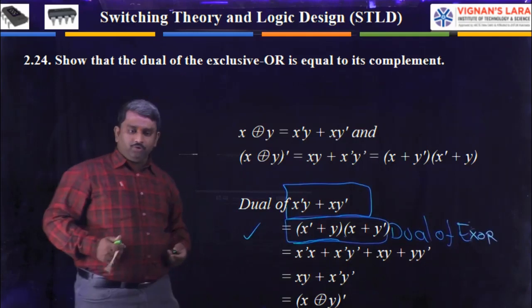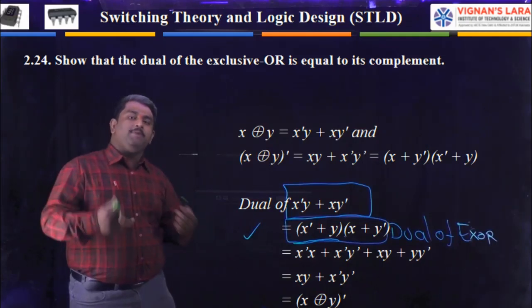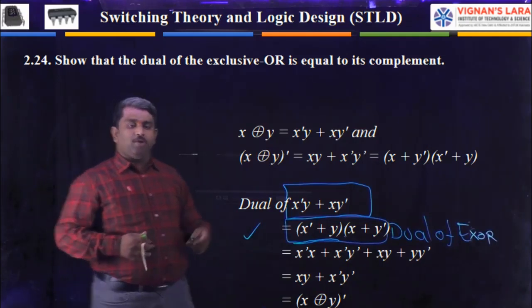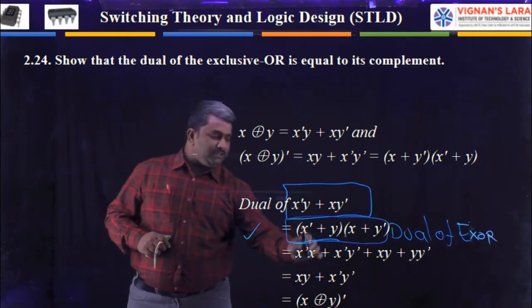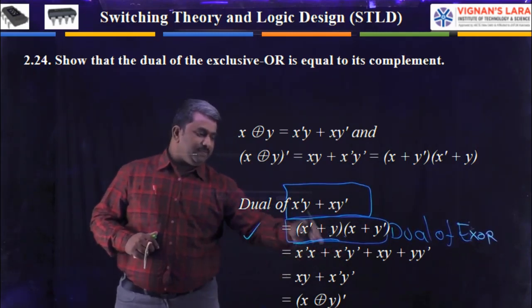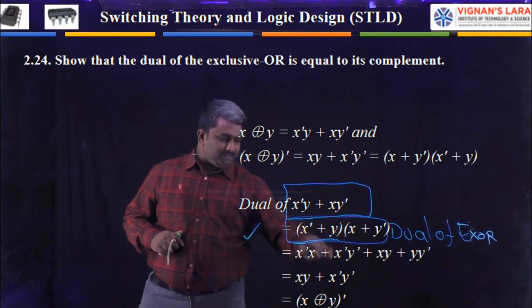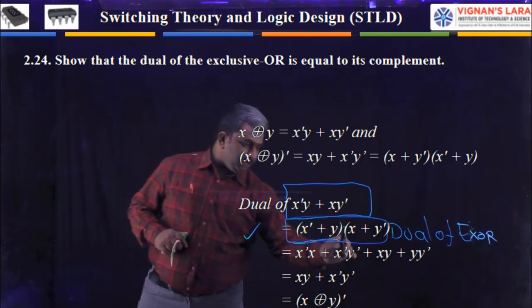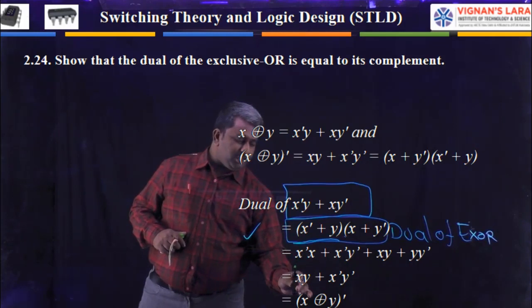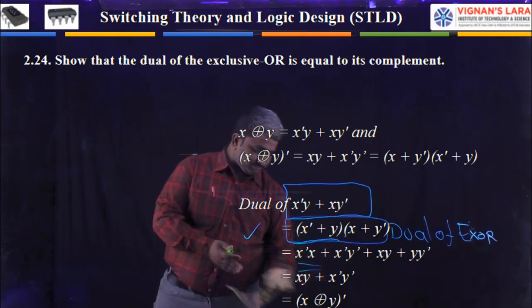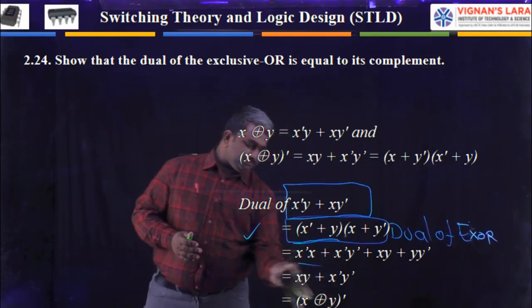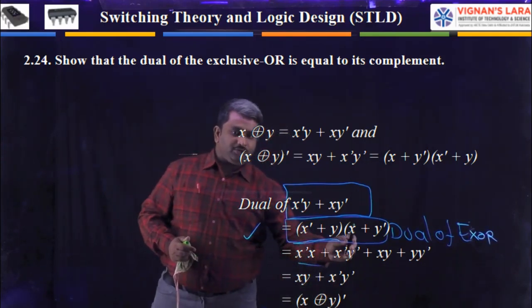But we have to prove that this is nothing but the complement of XOR. Coming to the next function, you multiply this out. It looks like (a plus b) into (c plus d). The first term is X bar into X. The second term is X bar into Y bar.